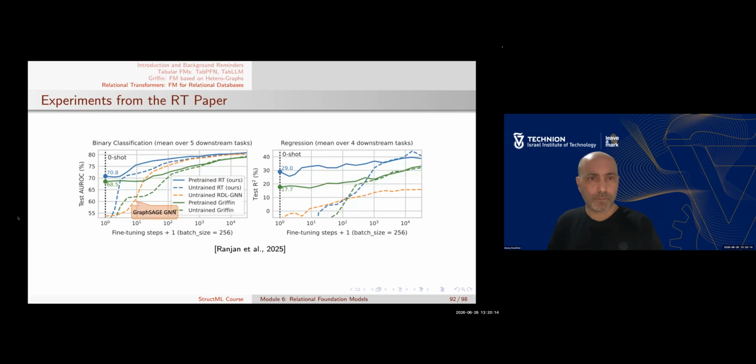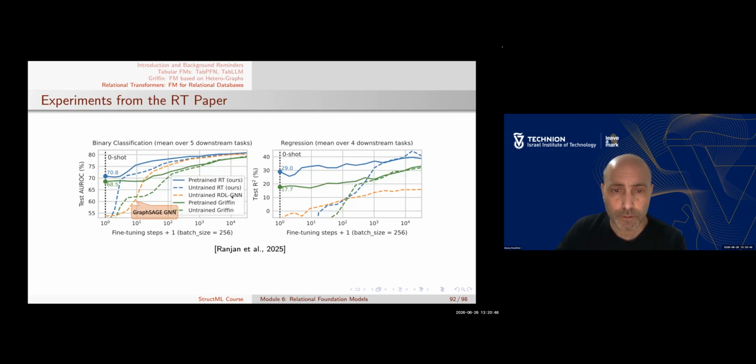Okay, so here are some experiments from the paper, and what do we see? The dashed lines are basically non-foundation models. So one of them is RT, untrained, just used as a model. The other one is Griffin, untrained, the green one.